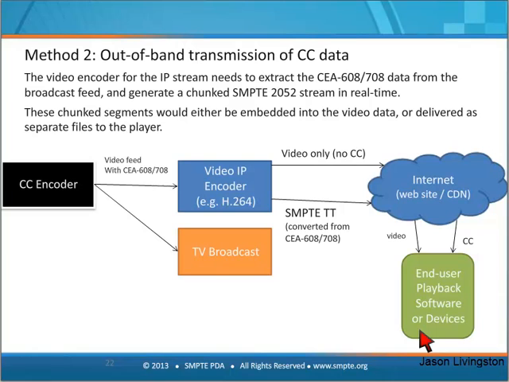Another type is called out-of-band transmission of the closed captioning data. This means instead of embedding the captions into the streams, you would send a separate stream of information to the CDN. So it's going over two different channels essentially, but it's the same idea as before. You're delivering the video and you're delivering the captions to the internet, and then the CDN is distributing those to the end users.